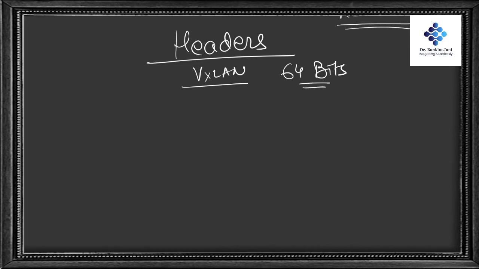Now in this 64 bits, see the possibility. We said that VxLAN will be using only 24 bits for VNI. Very true, because the first 8 bits are reserved, right? Out of 64 bits, the first 8 bits are reserved.